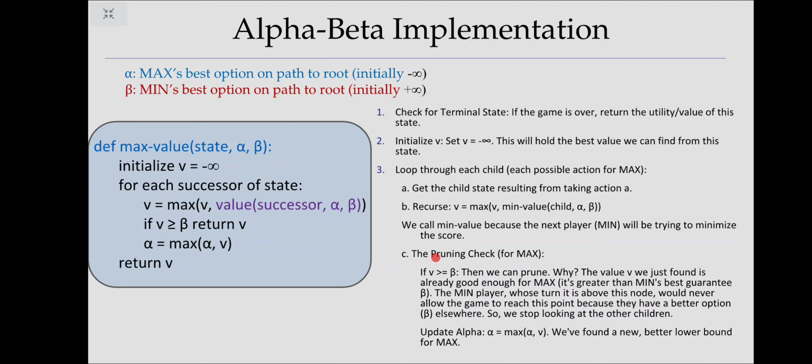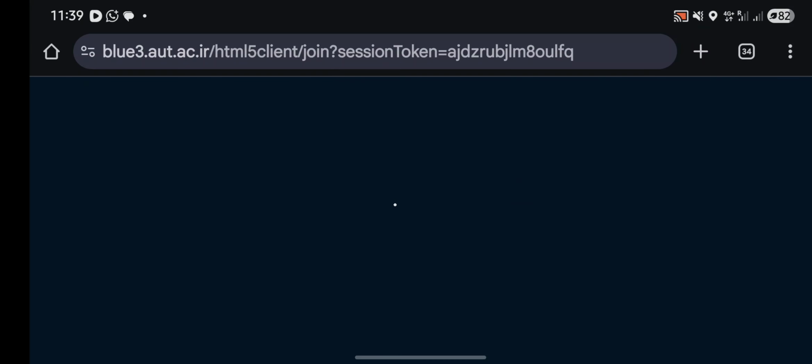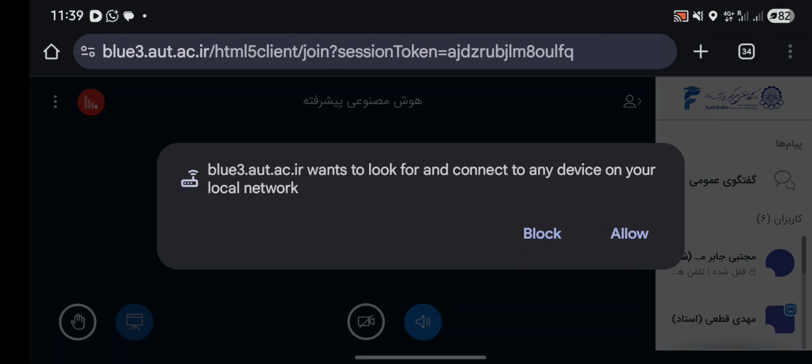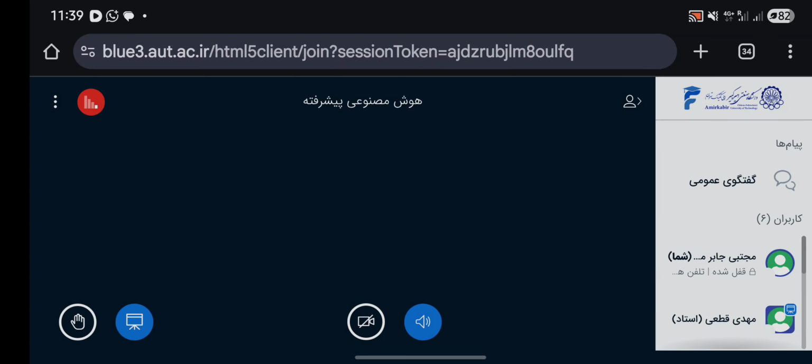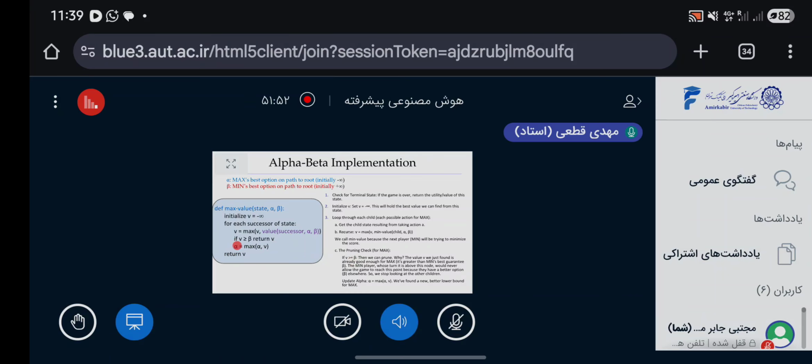In the pruning process, we check v. Please pay attention, very, very important. v is checked by beta. We need to check v with beta because the father of any max player is a min player.